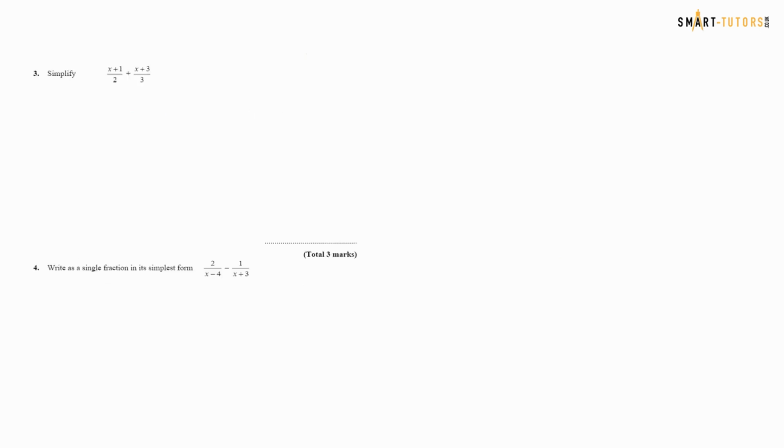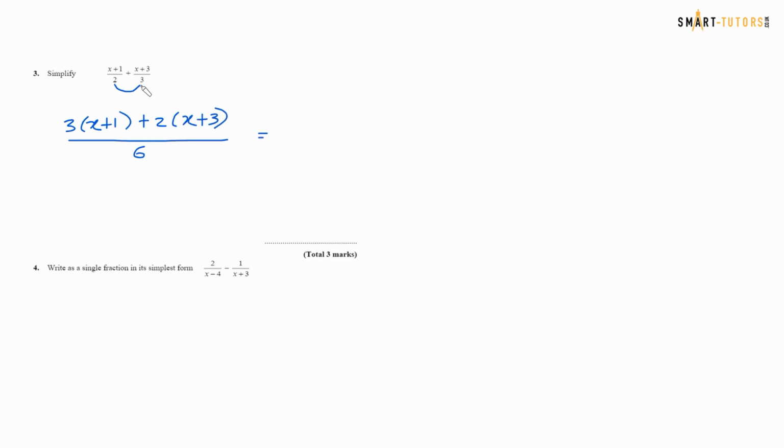Question number 3. Simplify x plus 1 over 2 plus x plus 3 over 3. So we're going to do the same method. So 2 times 3 as the denominator. So 3 is going to be multiplied by x plus 1 plus 2 is going to be multiplied by x plus 3.